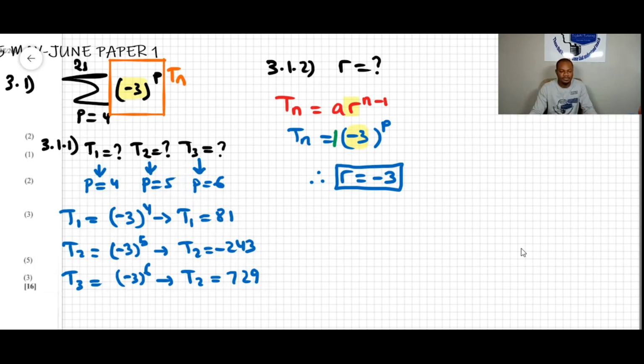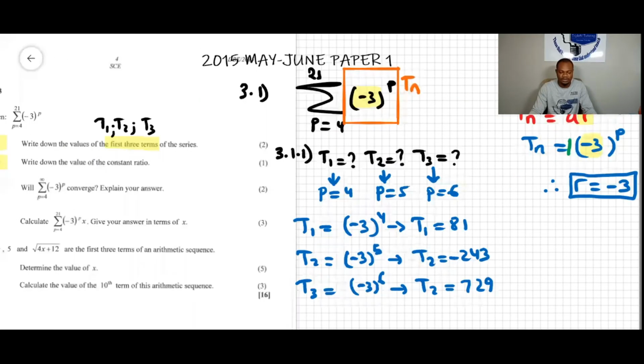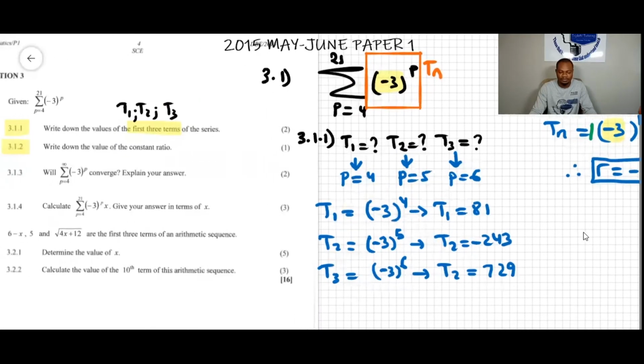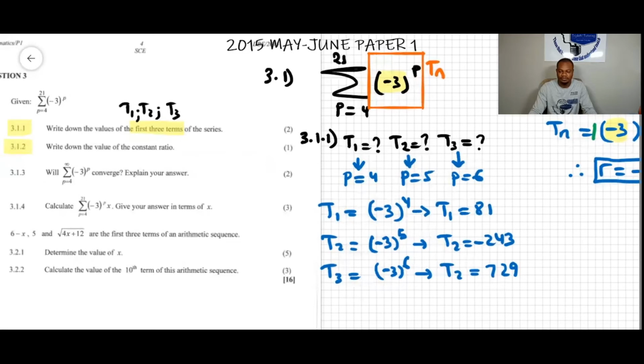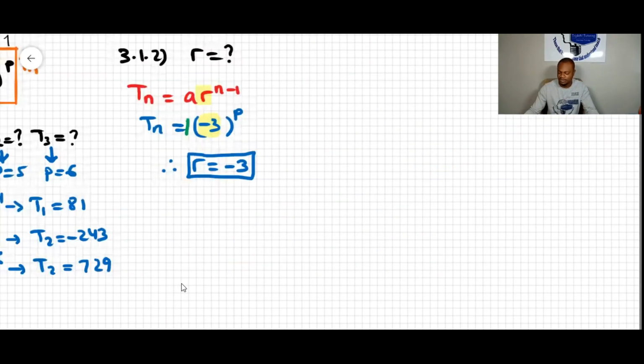Question 3.1.3 says, will the sum of -3 to the power of p, starting from 4 to infinity, converge? Explain your answer.